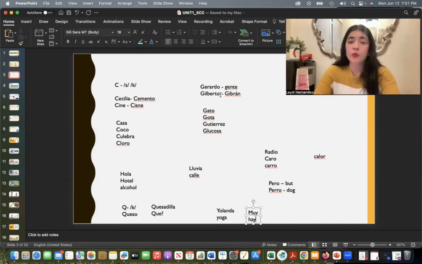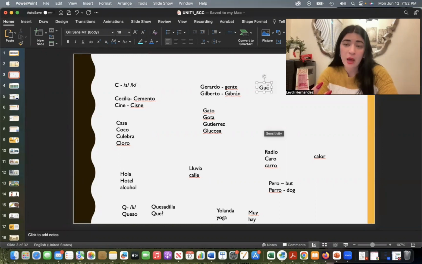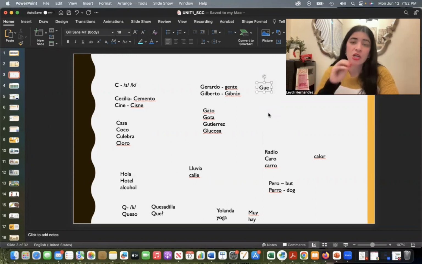Oh, one last thing with the G. We also have this combination of letters, G, U, and then a weak vowel. It could be E or I, like G, U, E, it's gue. Sounds like go in English. So guerra, war.